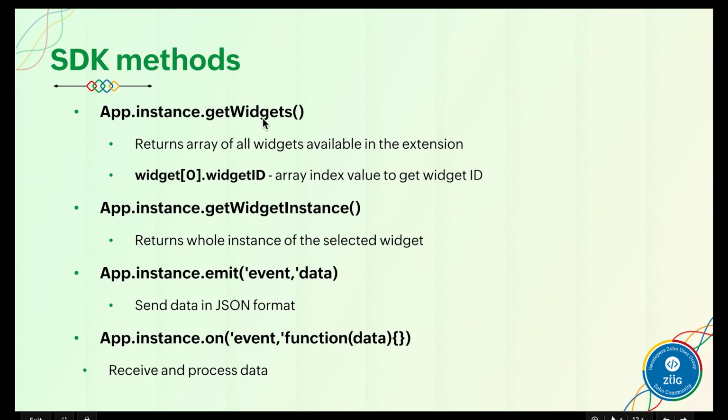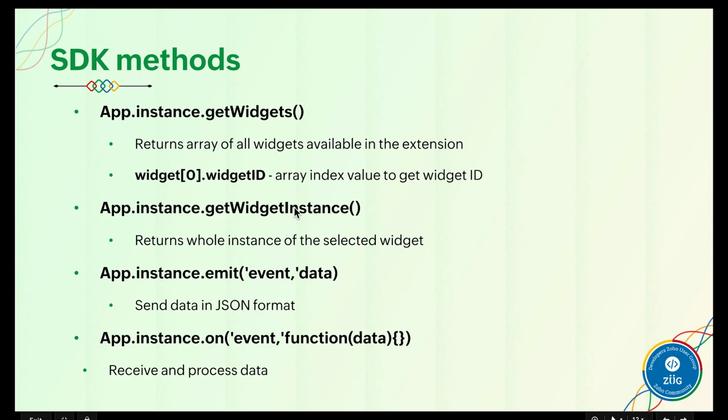If we have multiple widgets, all the widget IDs will be returned as an array using this SDK method. From the array of values that is returned, we will use the array index value to get the ID of only the widget that we are looking for in our implementation.